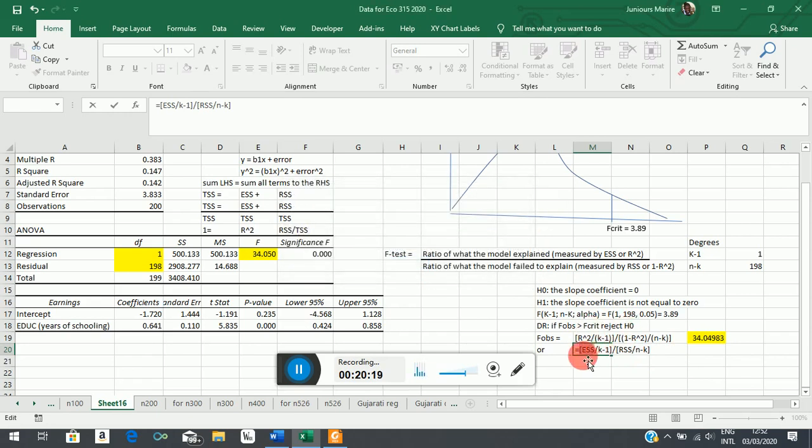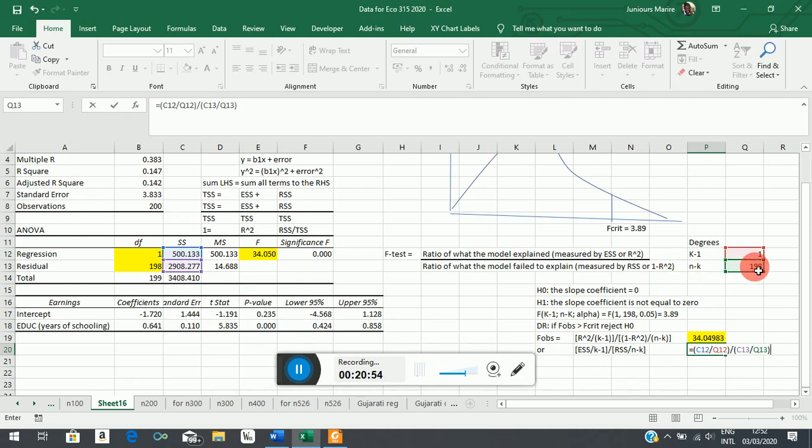Now if I enter this as a formula, that's the alternative formula: what the model managed to explain, the ESS, is this number here, and we divide that by the numerator degrees of freedom, and that over what the model failed to explain, the RSS, which is that, divided by the denominator degrees of freedom, which is that.